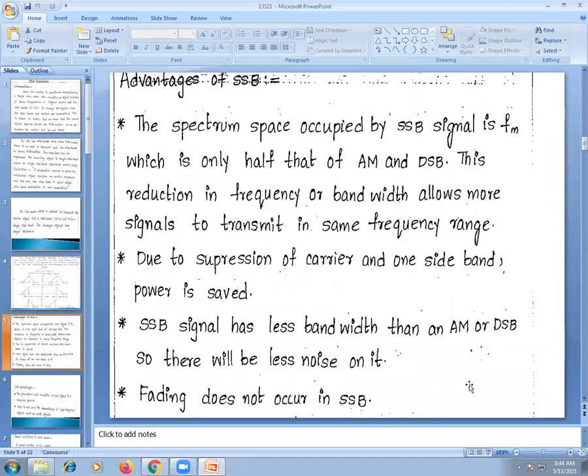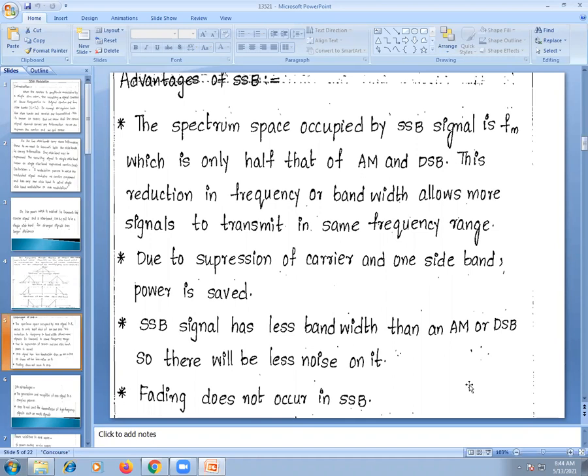Now, there are some advantages of SSB. One of the advantages is that the spectrum space occupied by the SSB signal is fm, which is only half that of AM and DSB. Only half of the signal is occupied, that is fm only.